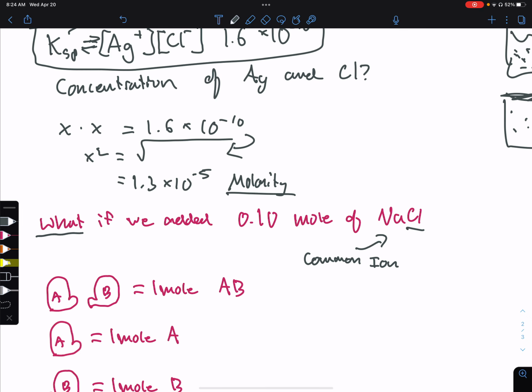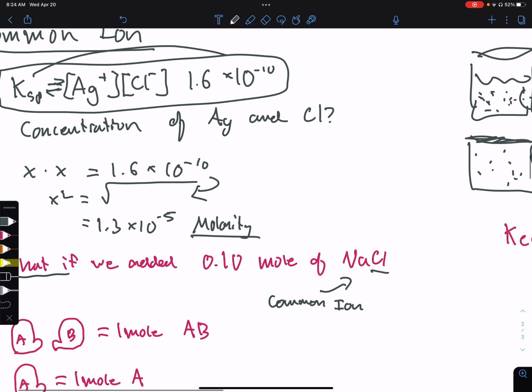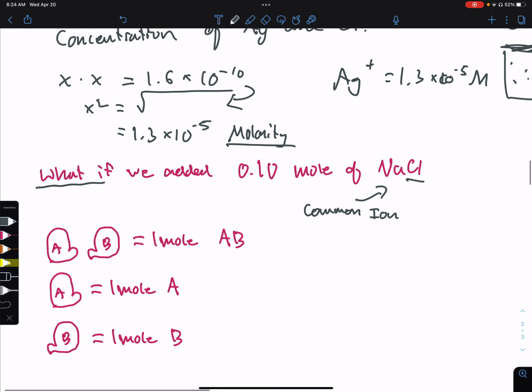So now we have our molarity, and this is molarity for each. So Ag plus is going to be 1.3 times 10 to the negative 5, and then same thing for Cl. What if we added 0.1 moles of NaCl?